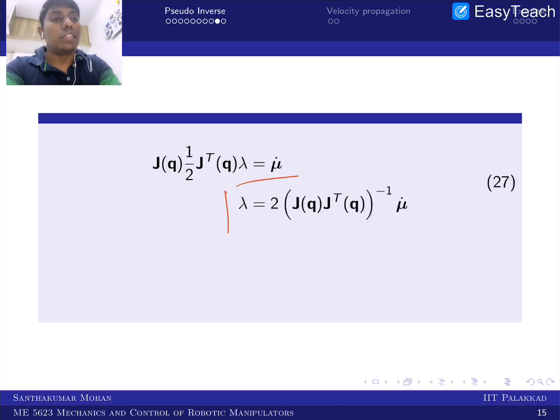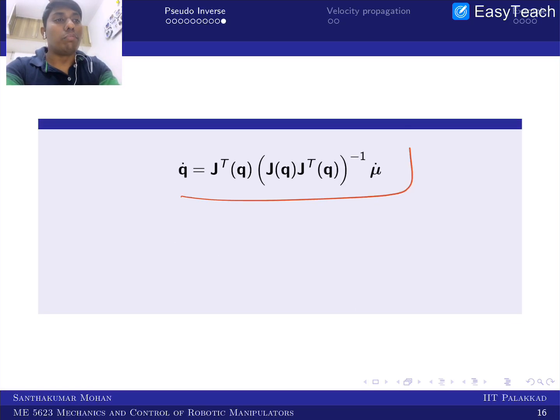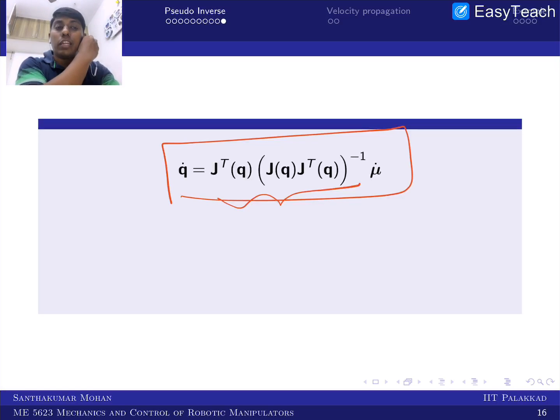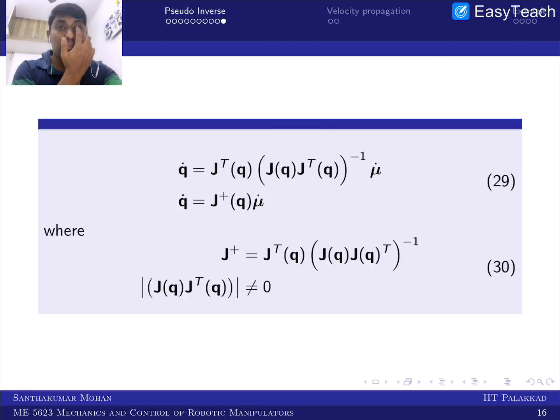We substitute this and we get the q dot relation, and you substitute lambda and you will get this equation. Further you simplify, this is what you obtain, and you can see this is nothing but J plus, and you can go further. So now the condition here is that this determinant is supposed to be non-zero. This is what you call the pseudo-inverse. Now you know what is the pseudo-inverse and what is Moore-Penrose as given, and what is forward and inverse differential kinematics.